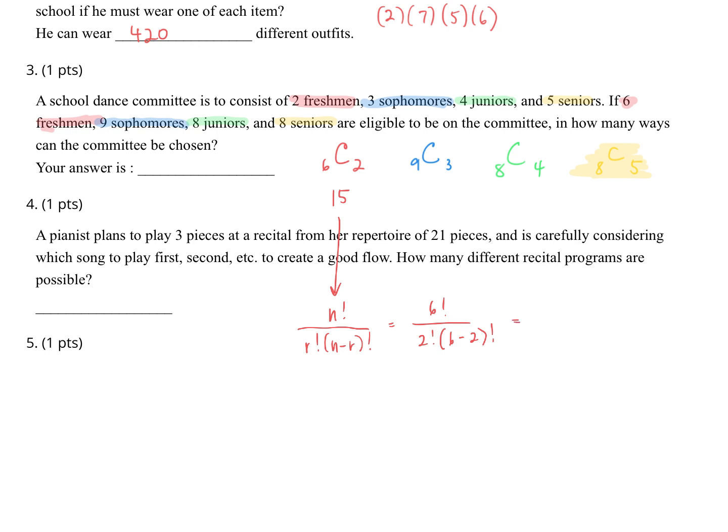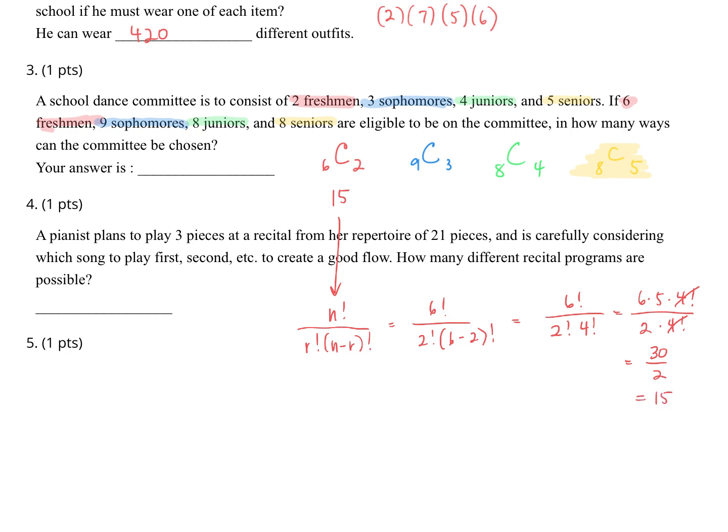So that's going to be 6 factorial over 2 factorial times 4 factorial, since 6 minus 2 is 4. So you could rewrite this as 6 times 5 times 4 factorial over 2 factorial, which is just 2 times 4 factorial. So the 4 factorials cancel out. 6 times 5 is 30. 30 divided by 2 is 15.